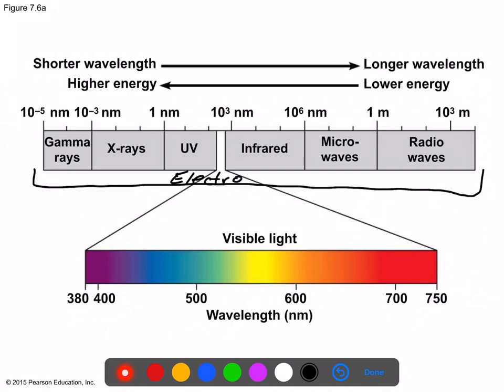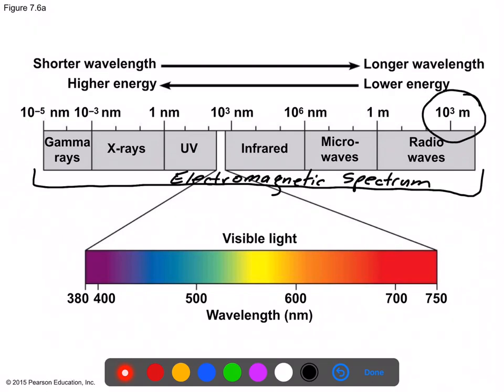That's all of this. Okay, I'll write it here. Electromagnetic spectrum. It's basically a long series of waves. It's a spectrum of waves.